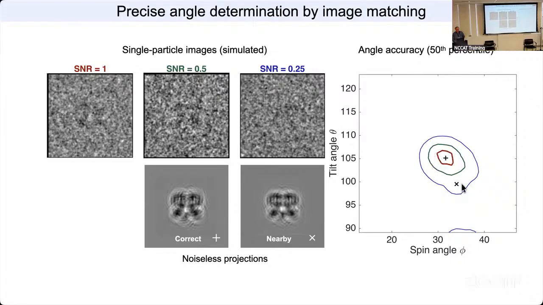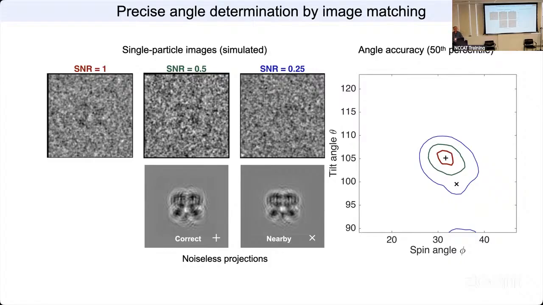These contours represent the 50% error bound on estimating these angles in a population. At the original SNR, these angles can be estimated within a couple degrees, and even if the signal to noise ratio gets a lot worse, we can still estimate the angles without too much error. It's totally amazing. You would not expect it, but you can tell the difference between that and that underlying an experimental image with that much noise.